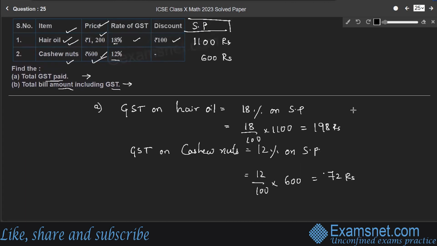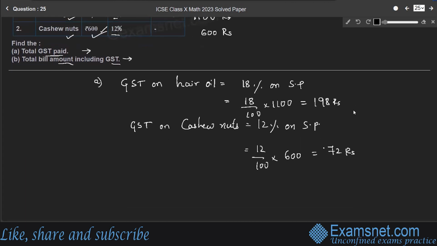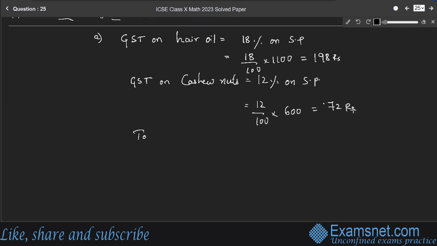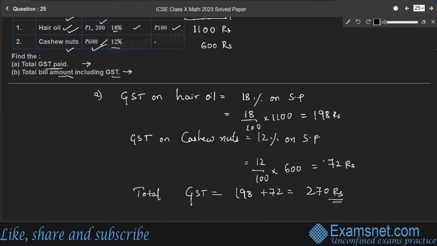Here the question is total GST paid. So total GST paid is 198 plus 72, so it is 270 rupees. And the next question is the total bill amount including GST.